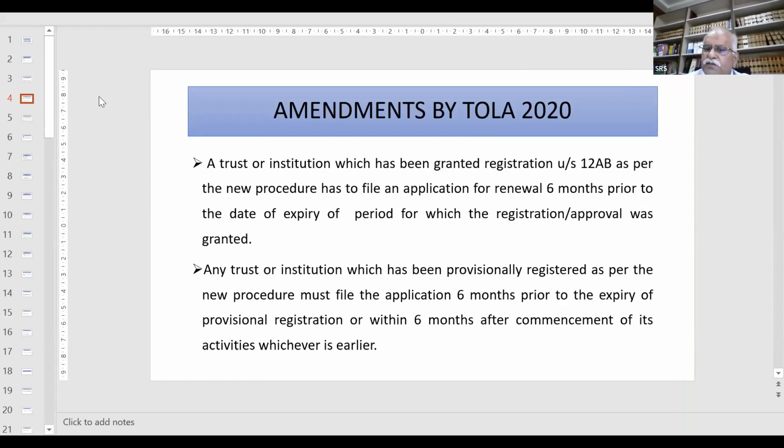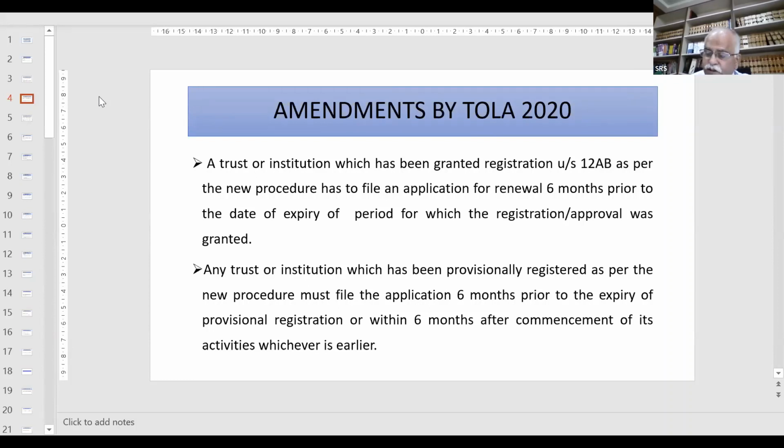Now, what is this within 6 months after commencement of its activities? It would mean that if you apply for a registration as soon as you are incorporated or formed, the commissioner will give you a provisional registration for 3 years.